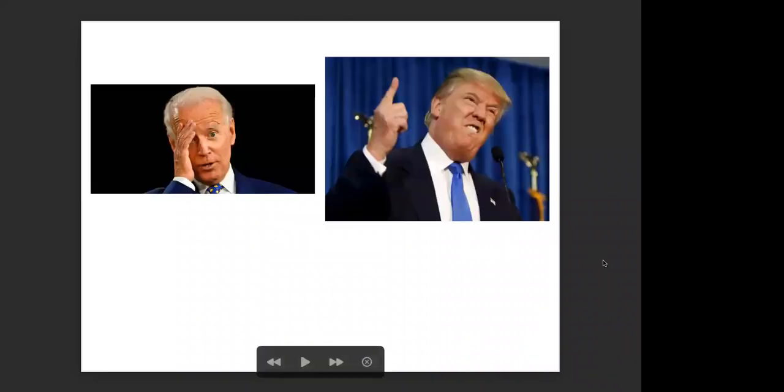I've got Joe Biden, who's socially liberal and economically left, versus Donald Trump, who's economically right and socially conservative. And so I like Trump on the economic dimension and I like Biden on the social dimension.